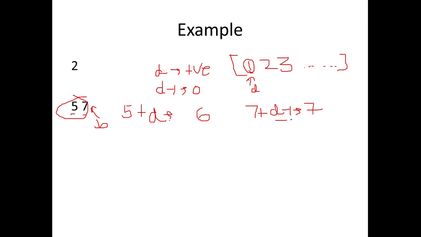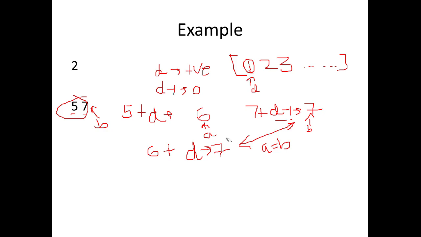Now let's again perform the same operation with d equal to 1. The value of a has changed to 6, so 6 plus d now becomes 7, and b remains unchanged because d is 1 and 1 minus 1 is 0. Now a and b are equal, so for this the output will be yes.